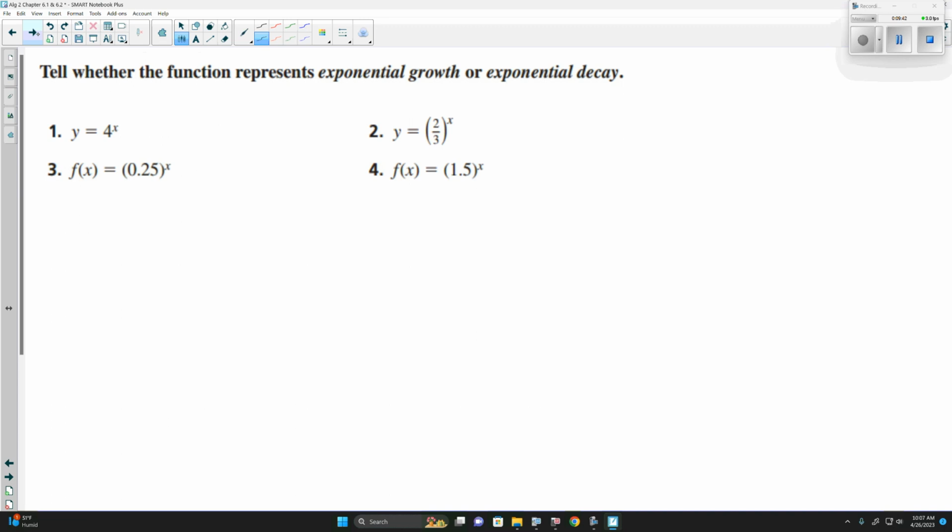So these here, determine whether the function represents growth or decay. We're not asked to evaluate anything, we're just asking for growth or decay. So number one would be growth, because the base is greater than 1. Number 2, decay. We have a fraction, and that fraction is between 0 and 1.